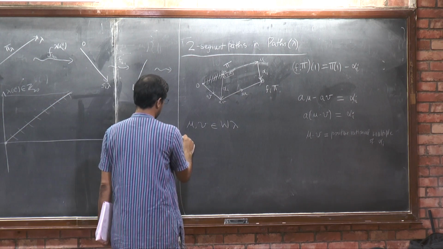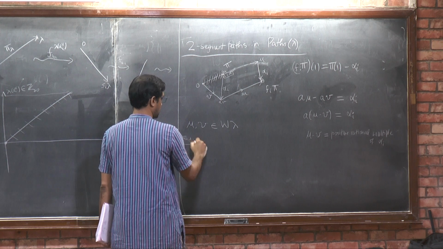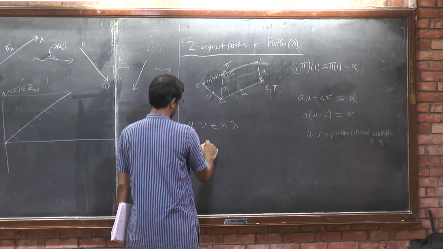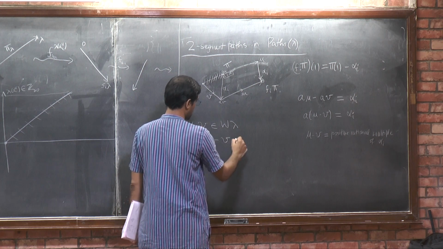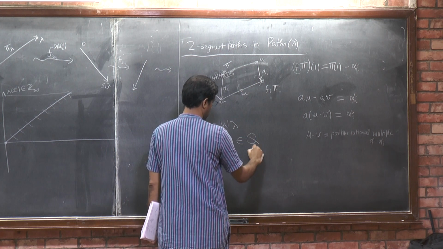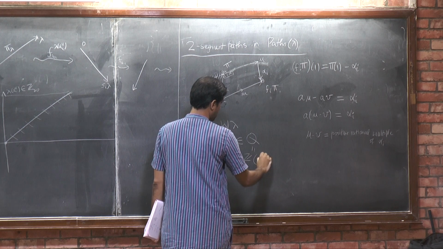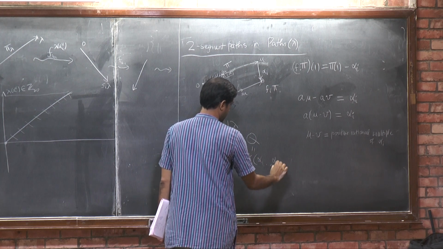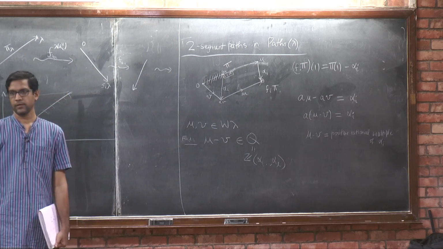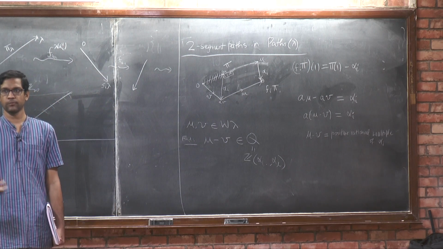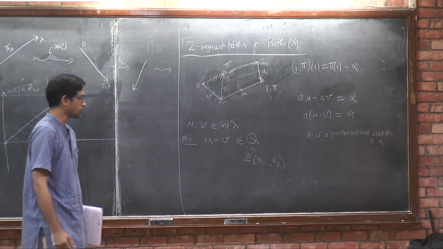This is another fact that will keep recurring many times. Mu minus nu is actually in the root lattice, in other words, in the integer span of the roots. So all Weil conjugates are mutually congruent to each other modulo the root lattice.